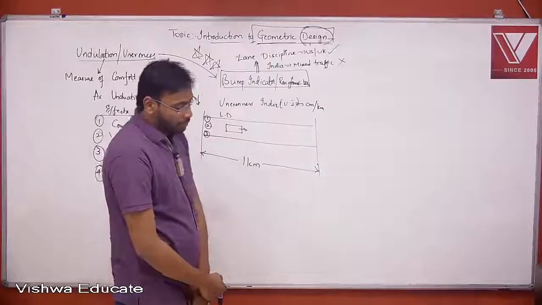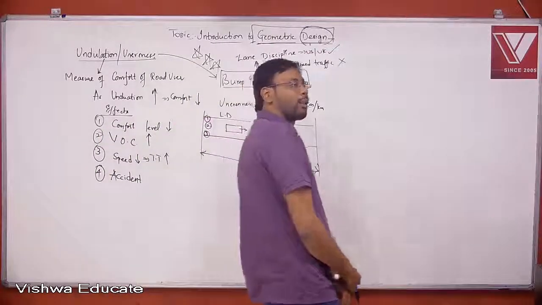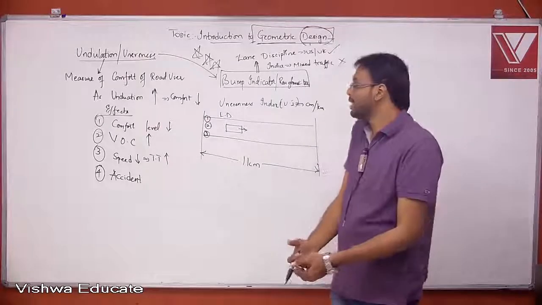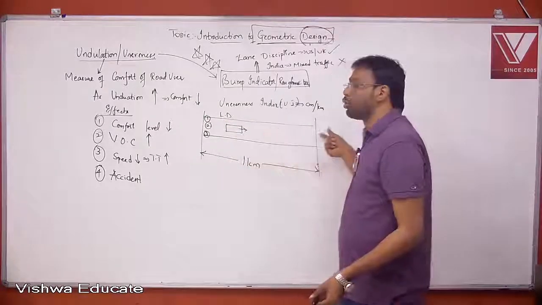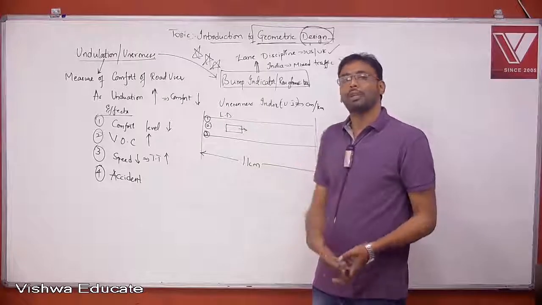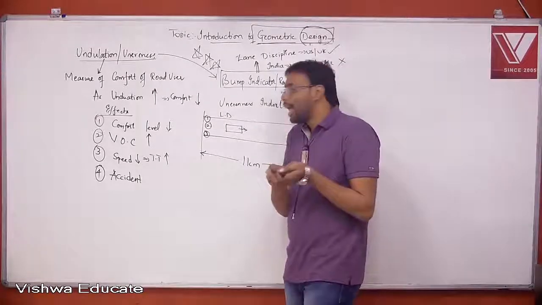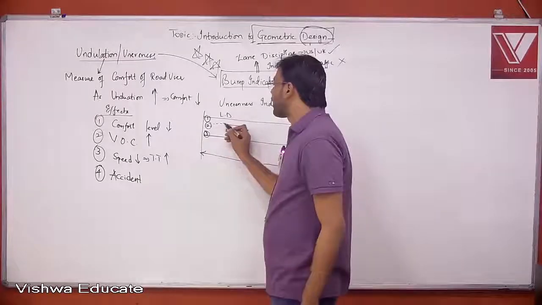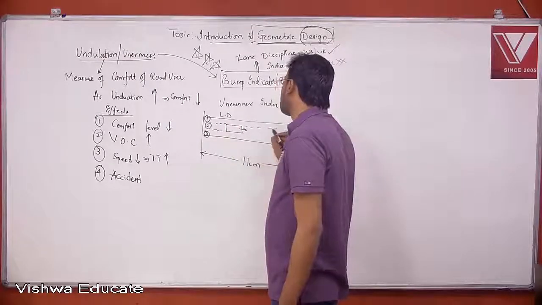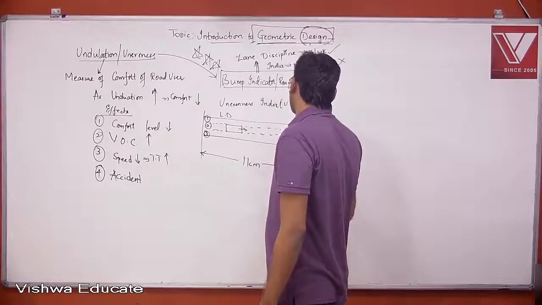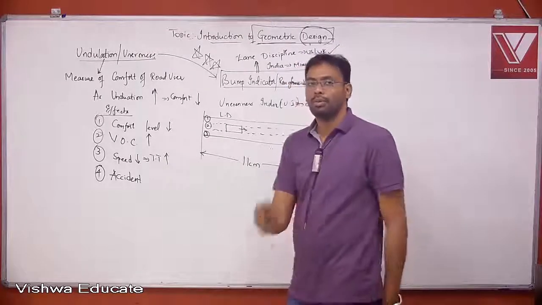Now that's fine, but after some number of vehicles have traveled this route, due to that number of repetitions, your road gets damaged. Basically, your road gets damaged along the center path because that is the path traced by most of the vehicles.